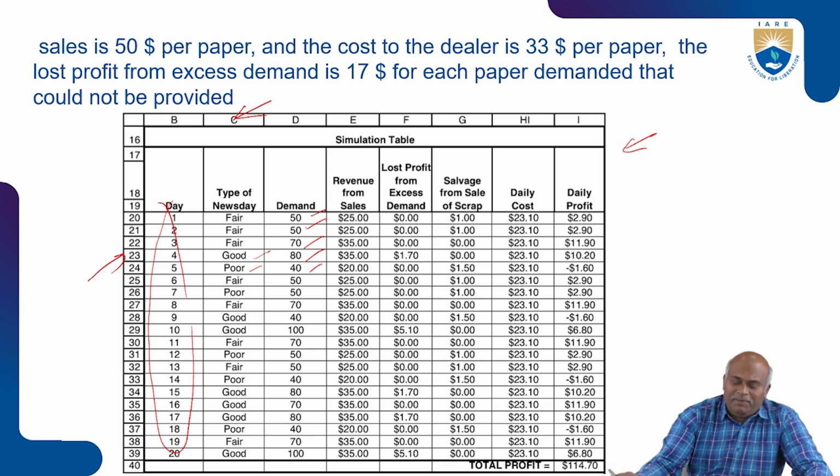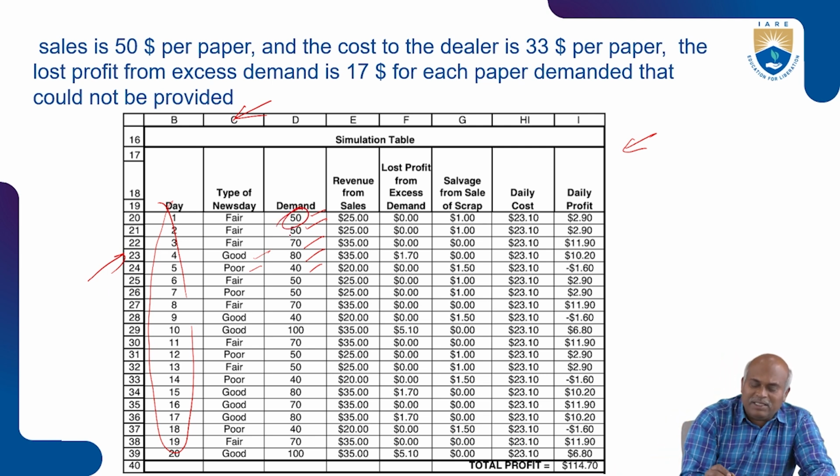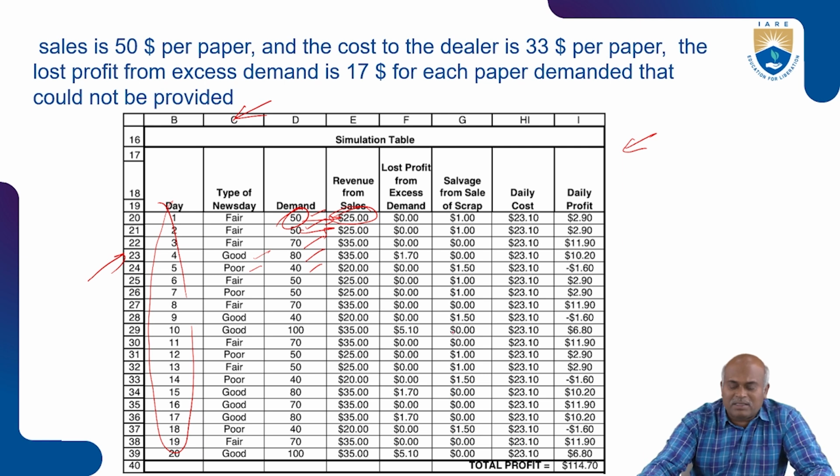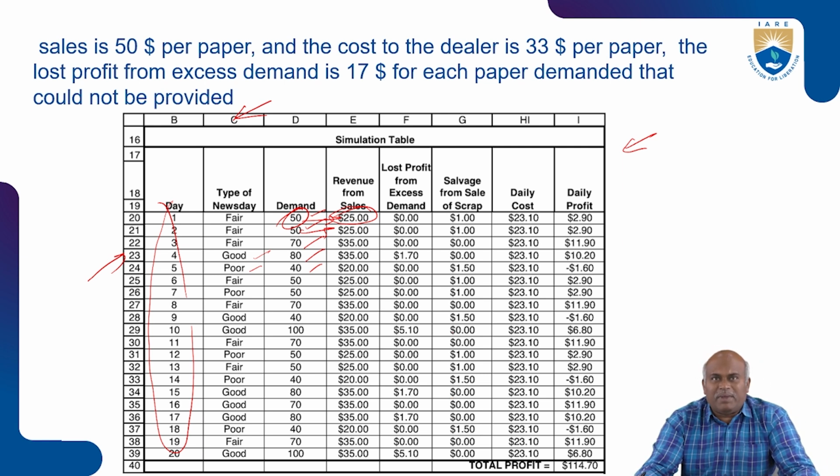Then after selling this newspaper, we receive the revenue from the sale. For first day $25, second day $25, like that we receive. Then after, we do the lost profit from the excess demand.